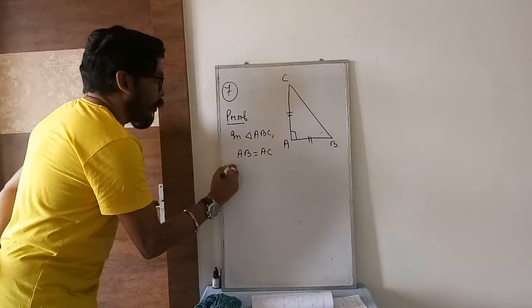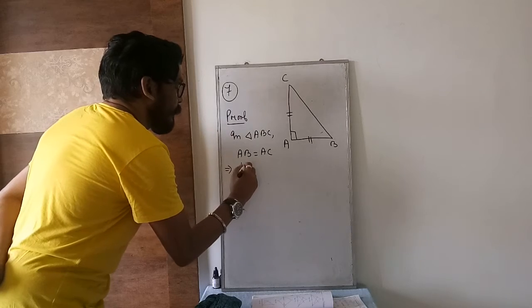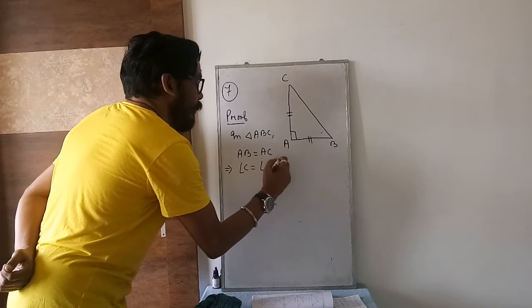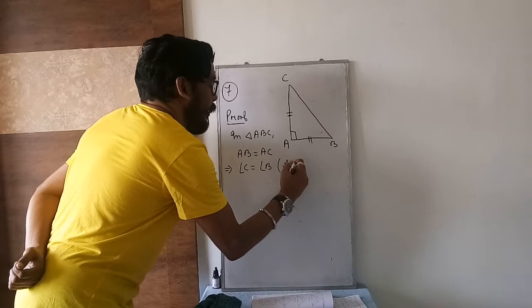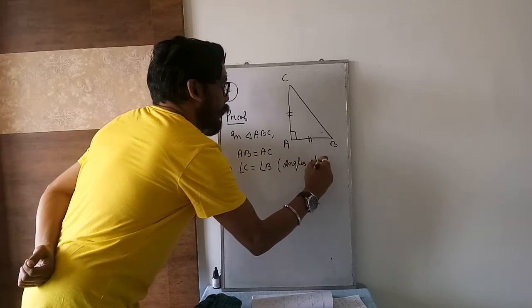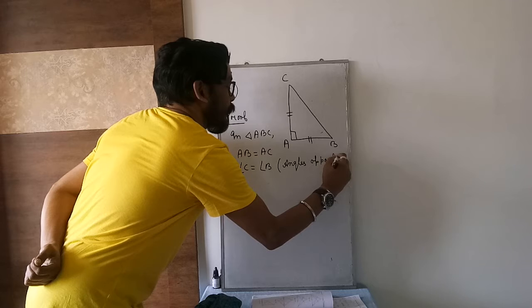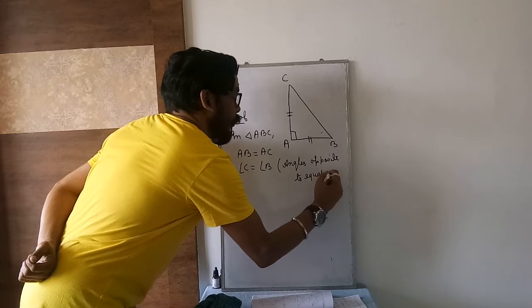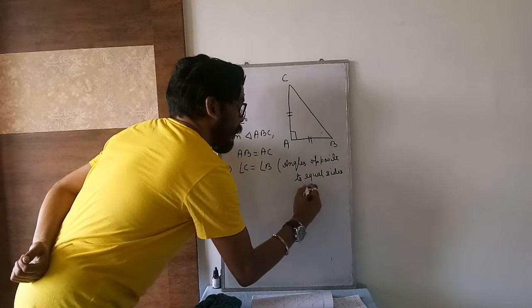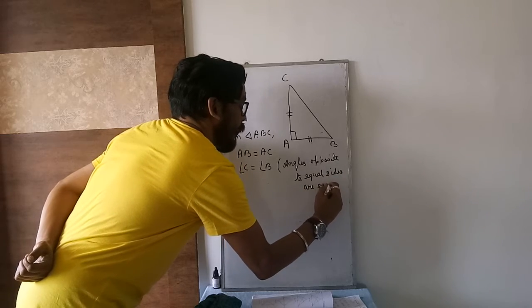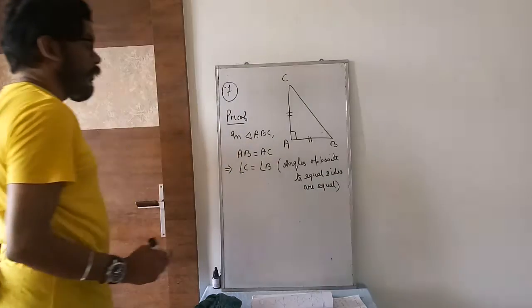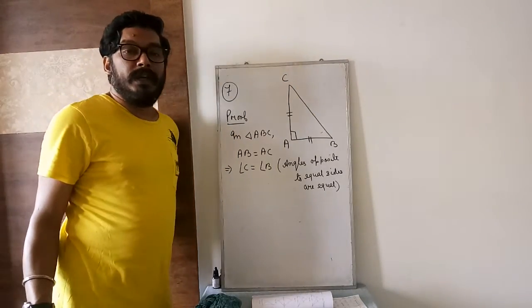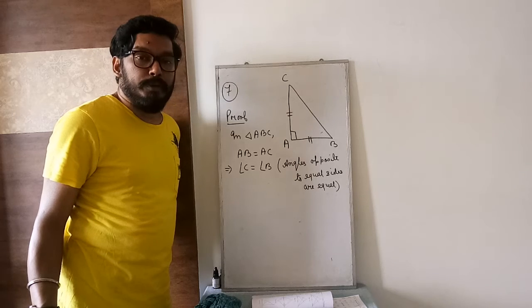So AB opposite angle is C, and AC opposite angle is B. You can write the reason: angles opposite to equal sides are equal.